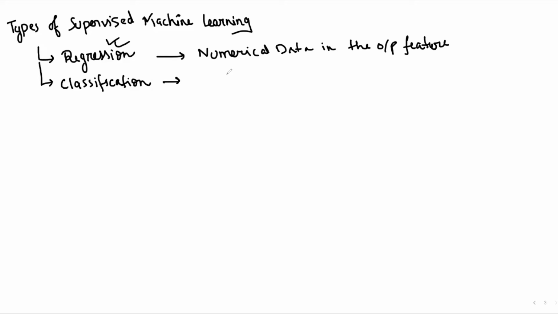It can be 2 classes, 3 classes, or any multi-class. So there is binary classification, or multi-class classification.